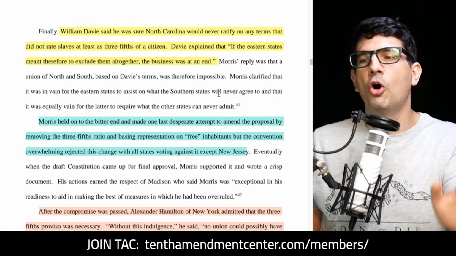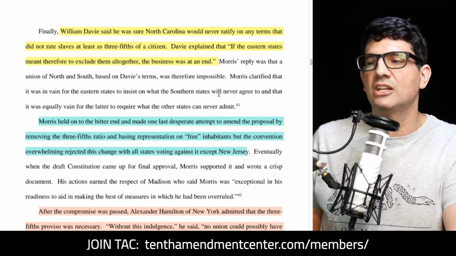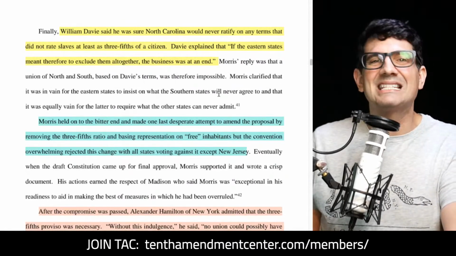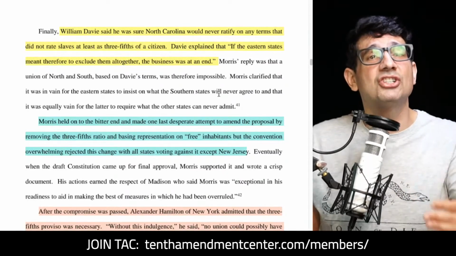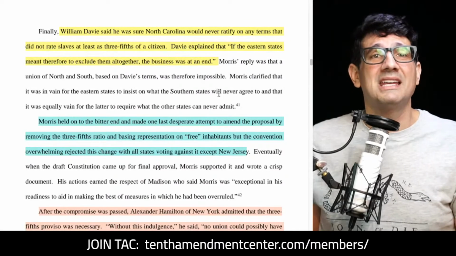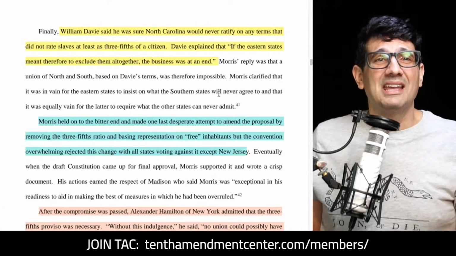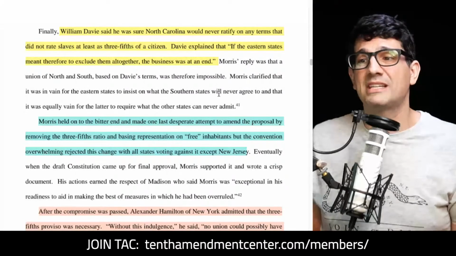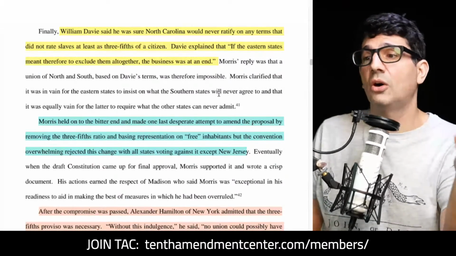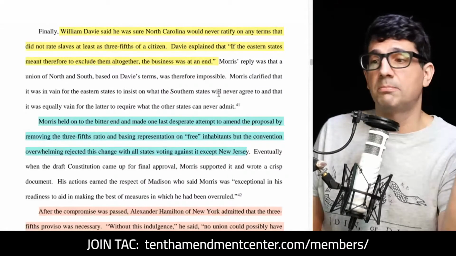But the convention overwhelmingly rejected this change, with all states voting against it, including his own state of Pennsylvania, where the first abolitionist society in the country was formed in the 1780s. So there was already a strong abolitionist movement happening in his home state, but his home state voted against it. So only New Jersey supported that.